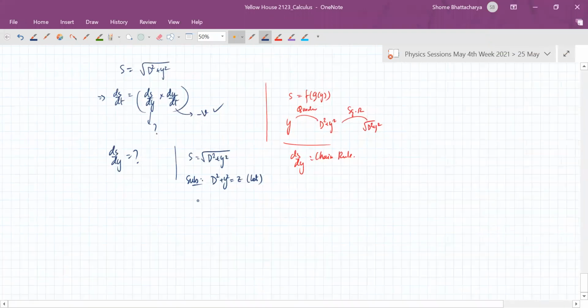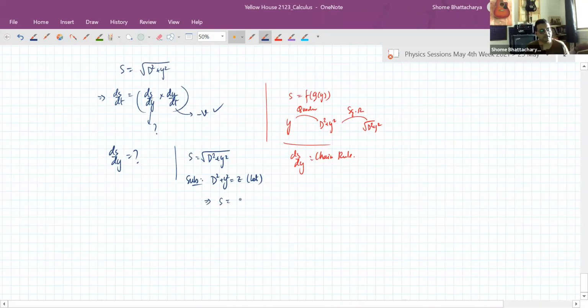Okay, so what does s become? S becomes square root of z. So now differentiation of s with respect to y is differentiation of s with respect to z, because I have related s with z, into differentiation of z with respect to y, because z is related in terms of y.